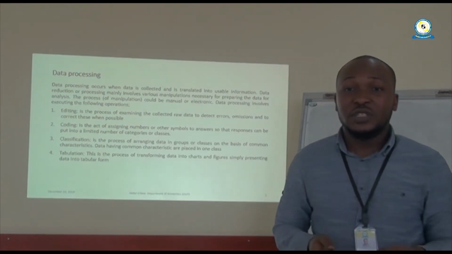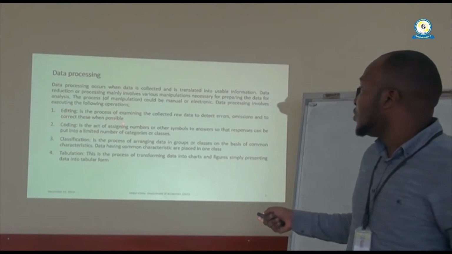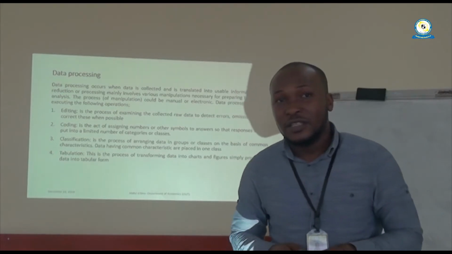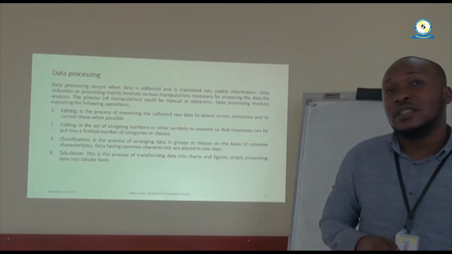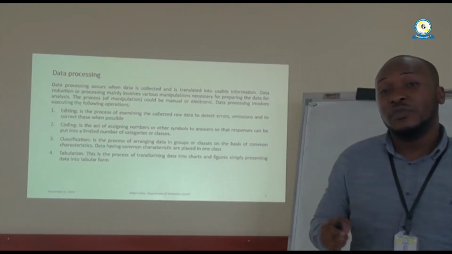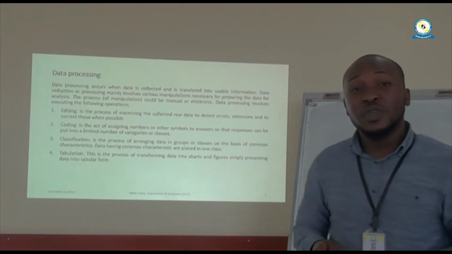First you get your data, then you start to edit. In some areas we detect and correct errors. In the area where we're supposed to write F for female, someone wrote F for M, which means male.